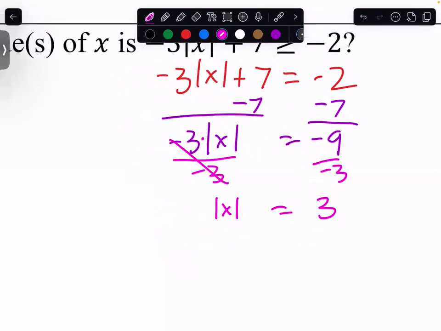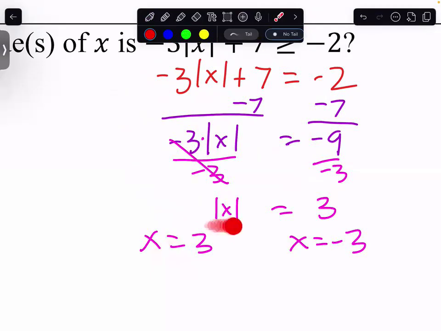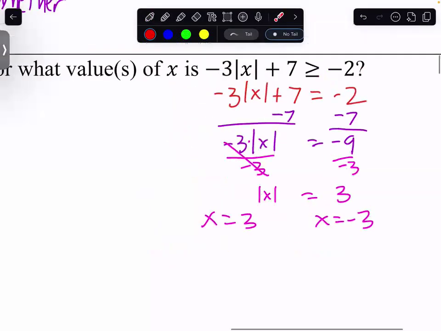That means the inside x itself could be 3, or the inside x could be -3, and the absolute value would switch it to +3. So again, when you split it into the two new equations, the absolute value goes away. It gets used up. Okay, so the two key values for this problem are 3 and -3.